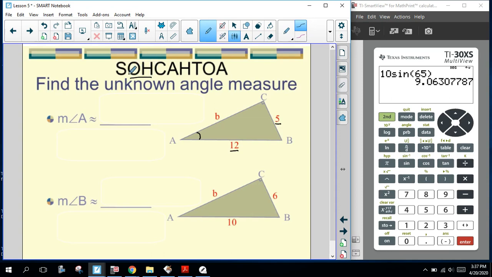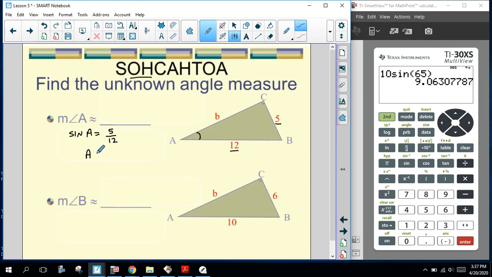Oh, H, yes, it's the sine again. So I take the sine of my acute angle, which I don't know is A, is equal to the opposite of 5 over the hypotenuse of 12. There's my equation. Now, to solve, remember to find an angle measure, to get the angle by itself, I have to move the sine to the other side.